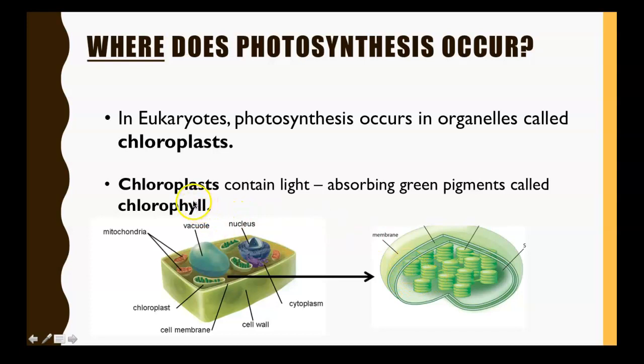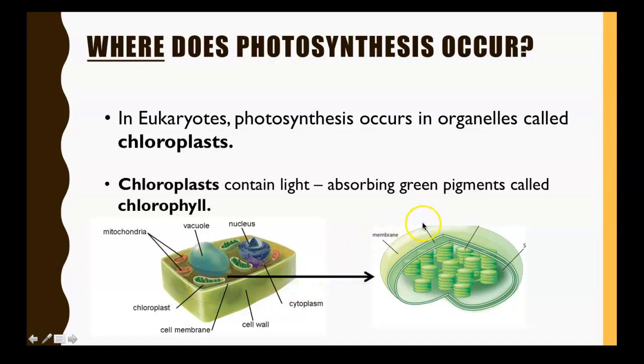Now, just to recap where we find chloroplasts, here's our plant cell right here. You know this is a plant cell because it's rectangular in shape or brick-like. Also, you know that it's green. Okay, so that tells us that it contains those green pigments called chlorophyll. So here's our plant cell, here's our chloroplasts. You can see those green flattened discs called thylakoids.